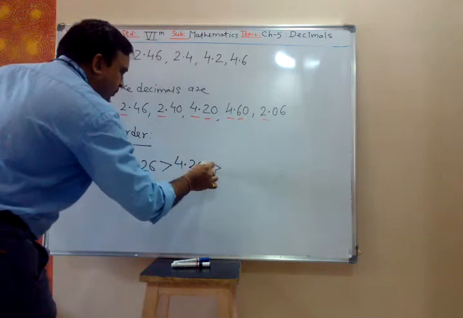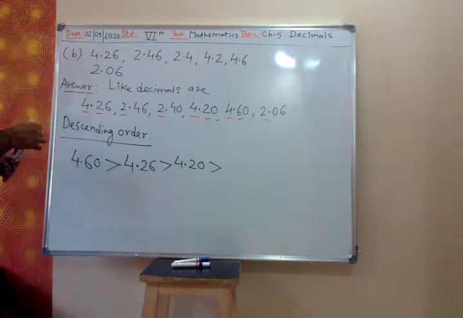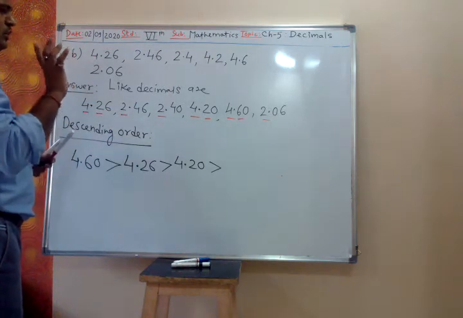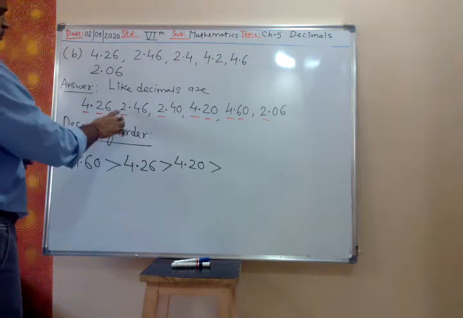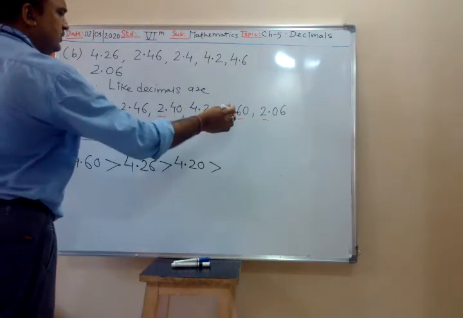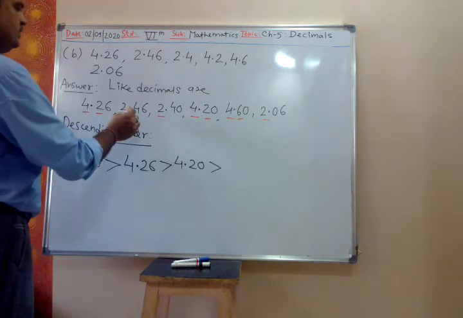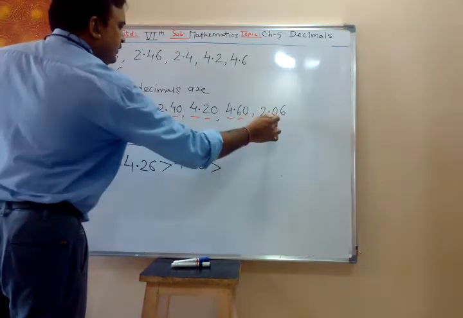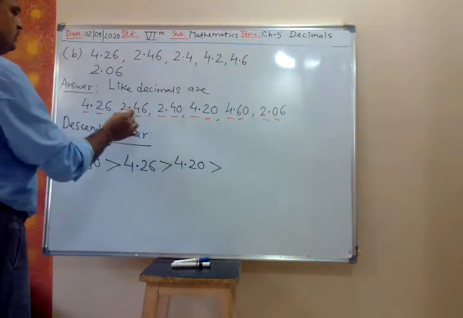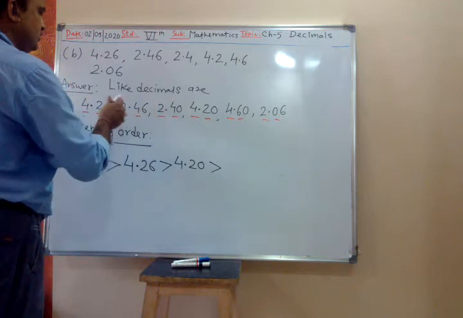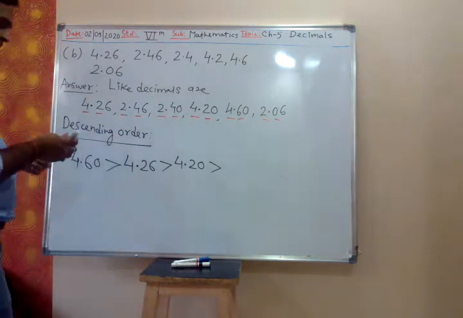So after this 4 point, we have 2.46, 2.40, 2.06. So after decimal it is 4, 4, 0. So 2.46 and 2.40: 2.46 is bigger.